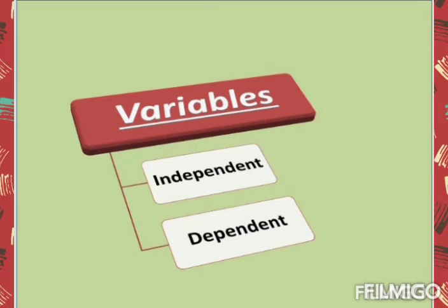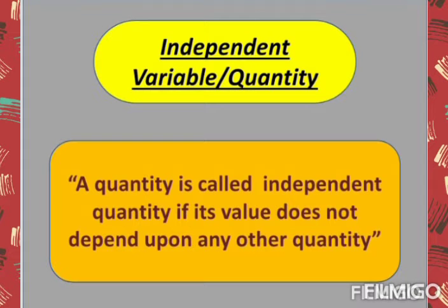Okay, students, the variables are of two types. The first type is called independent variable or independent quantity, and the other type is called the dependent variable or dependent quantity. Here is the independent variable. The definition of independent quantity is: a quantity is called independent if its value does not depend upon any other quantity.